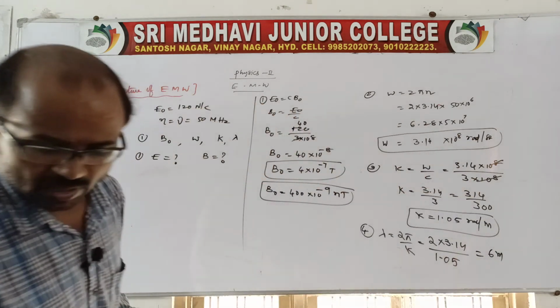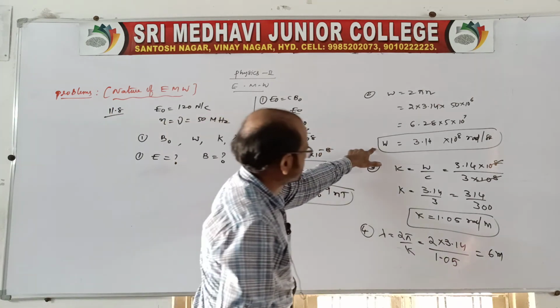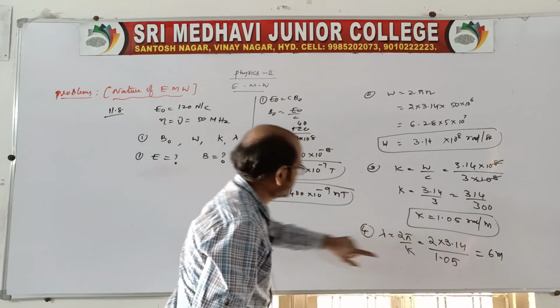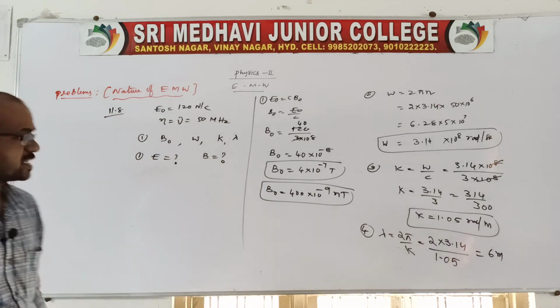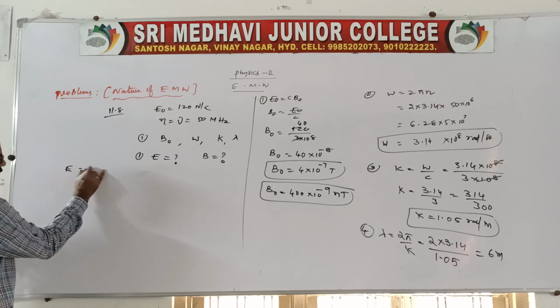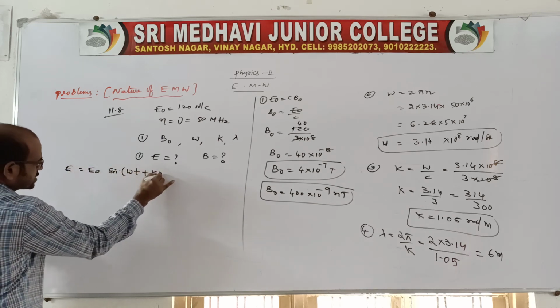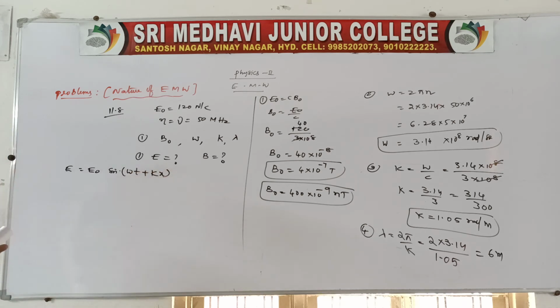Now we know the values: B naught is this one, omega is this one, k is this one, and lambda is this one. Now it is asking to find an expression for E and B. So you write E is equal to E naught sine of omega t plus kx, or if you want to say minus kx also, no problem, it is your wish.